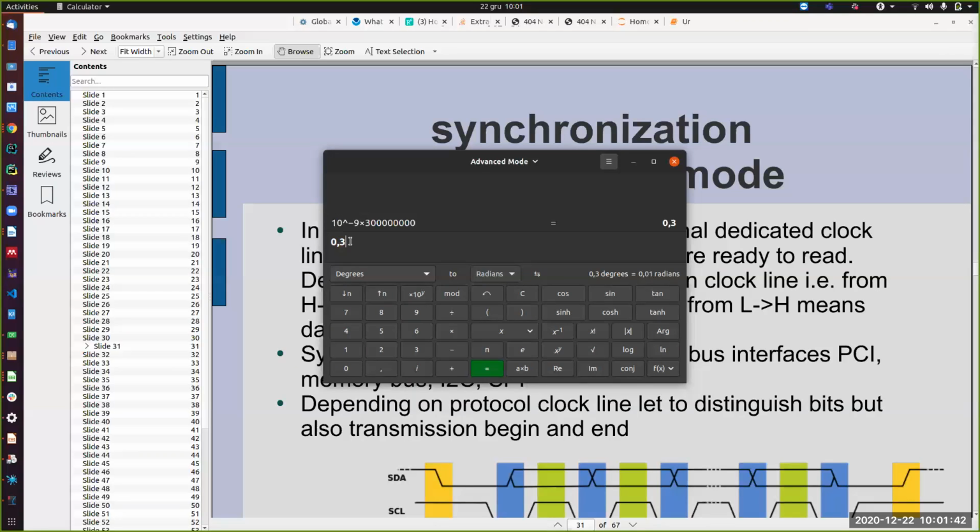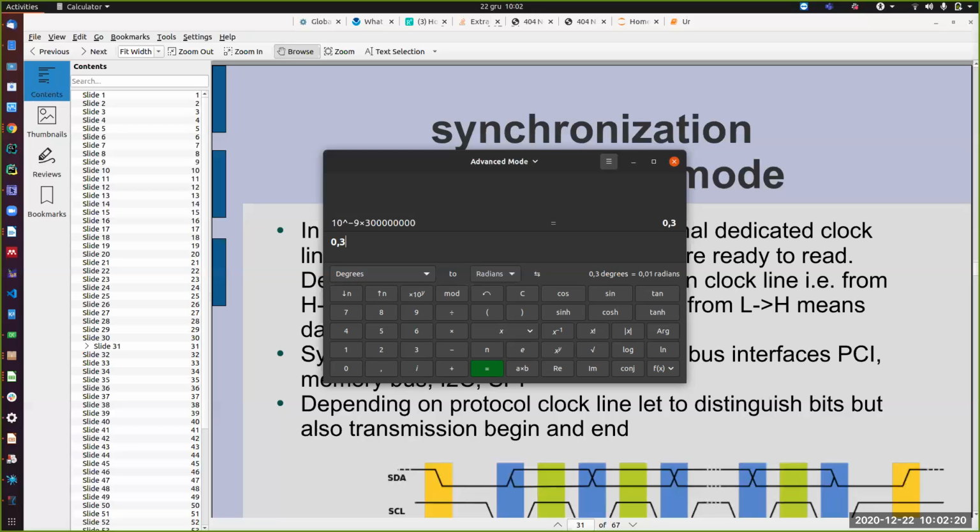So what is the problem here? The problem is that if we have two lines and they differ in length or in physical properties like conductance, or they have different capacitance, if we send a particular impulse synchronously, at the receiver side we can observe lag.